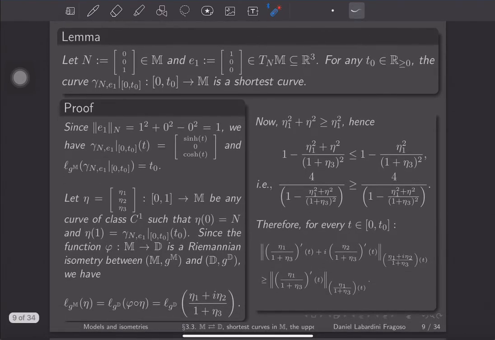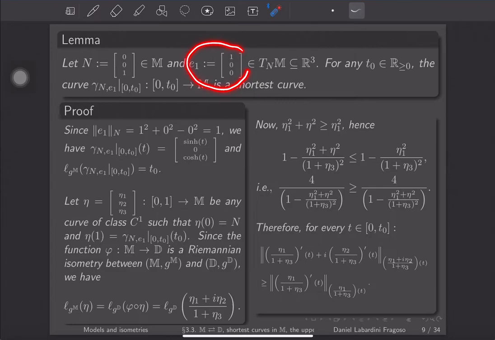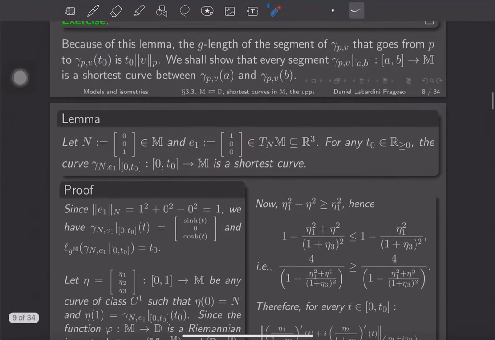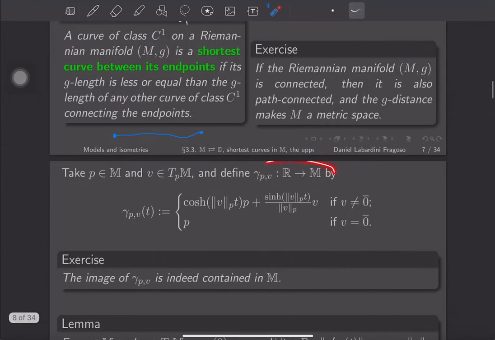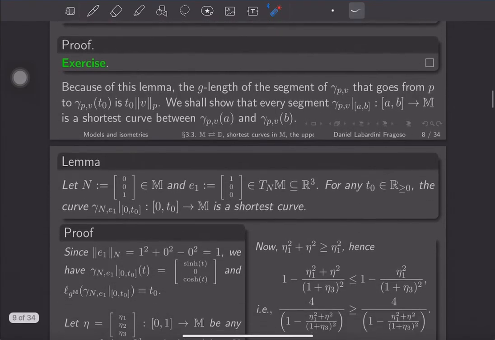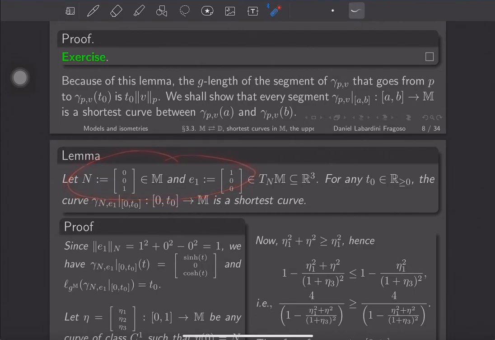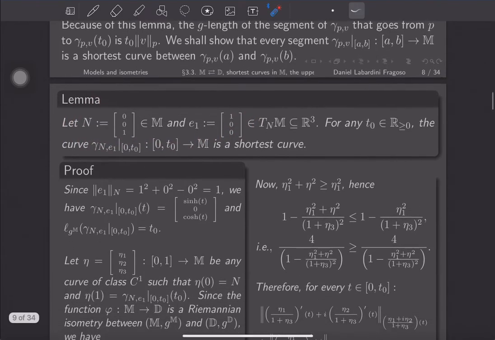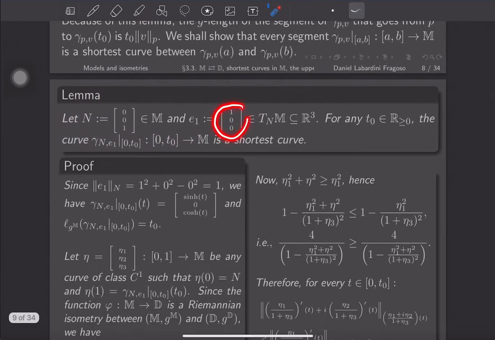right, and now that's the lemma. Well, not yet. The lemma is that if I take this special initial point, and this special initial tangent vector, then the corresponding curve for these special choices is a shortest curve. Okay. Now, notice this one is indeed in the tangent plane at this point, right?